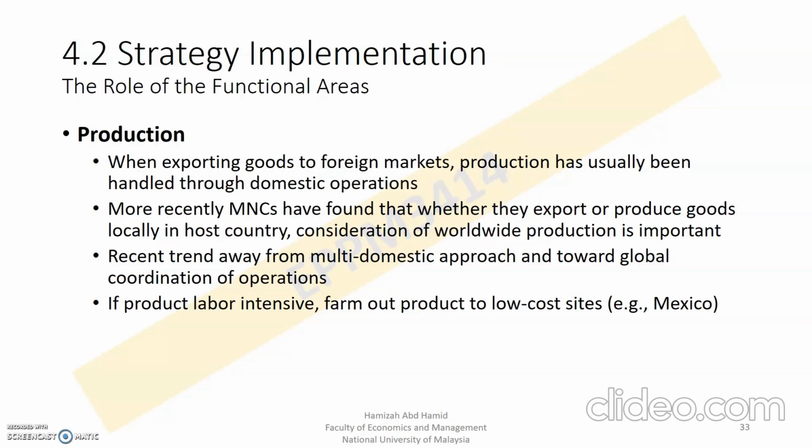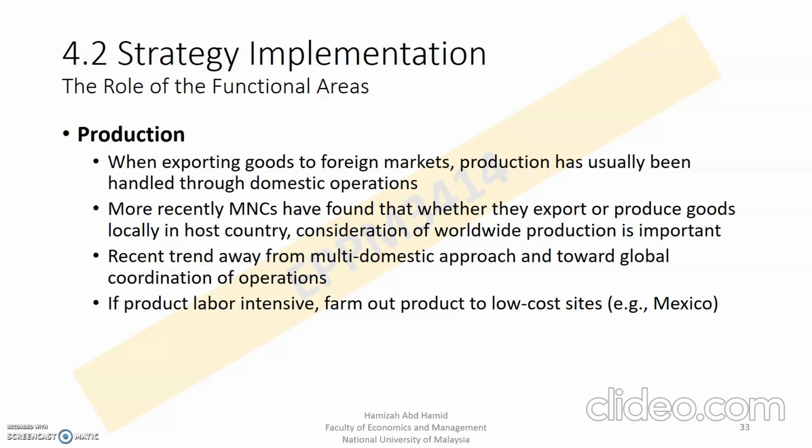Next is production. When exporting goods to foreign markets, production has usually been handled through domestic operations. But recently, multinational companies found that whether they export or produce goods locally in a host country, they must also consider worldwide production.